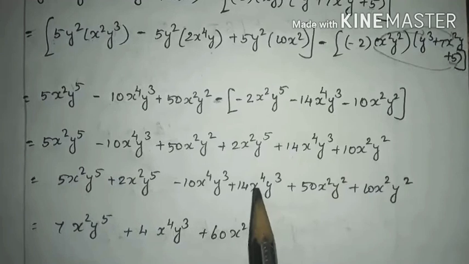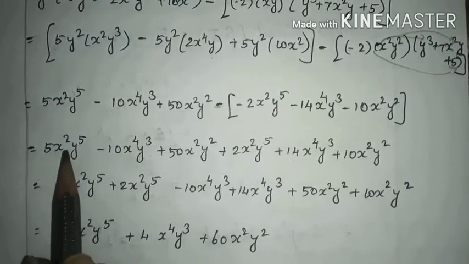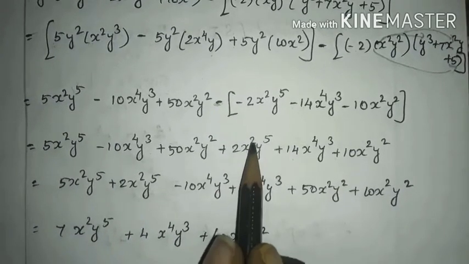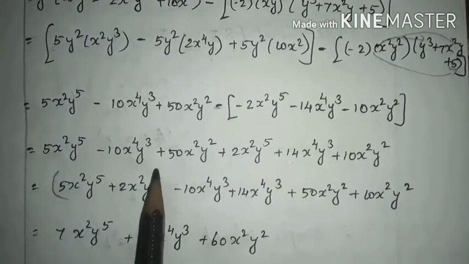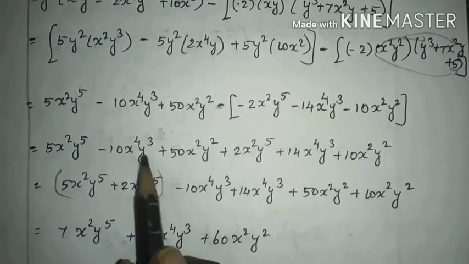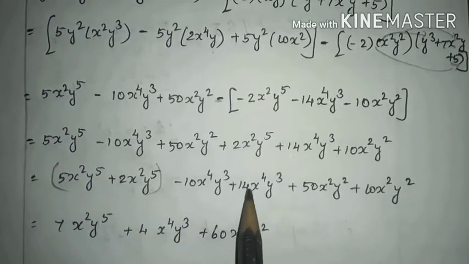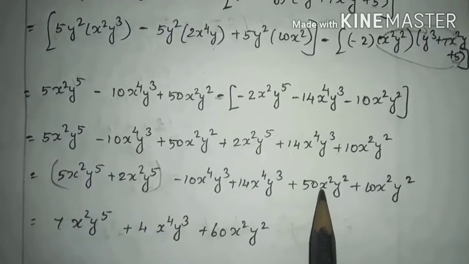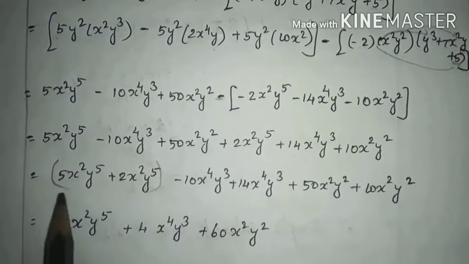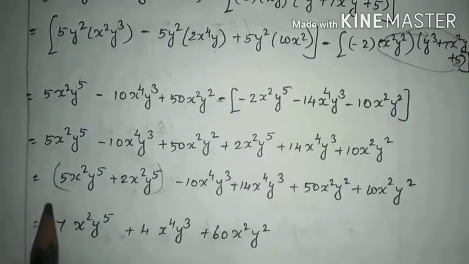The next step you have to group the like terms, that is x square y power 5. Here also we have x square y power 5, so we are grouping these two terms. And the next two terms x power 4 y cube are like terms, and the next x square y square are like terms. After grouping into like terms you have to add them.